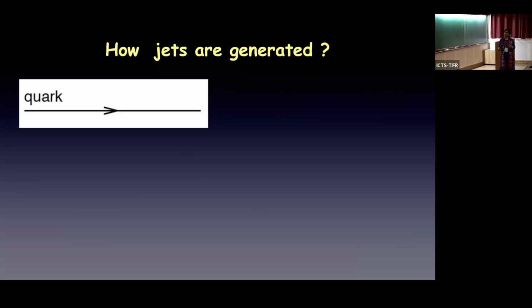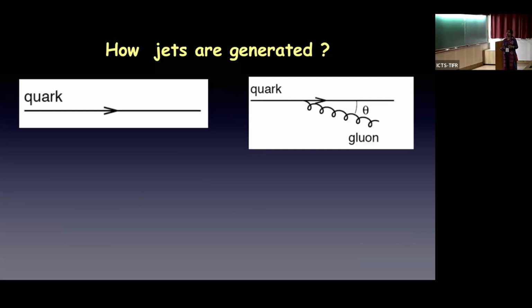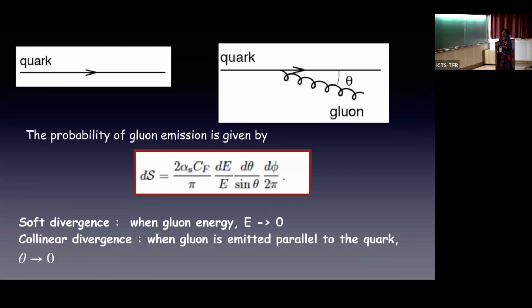So if you see a quark of very high momentum or high energy, it can radiate a gluon, and QCD states that this radiation of soft gluons is enhanced compared to large wide-angle gluons.